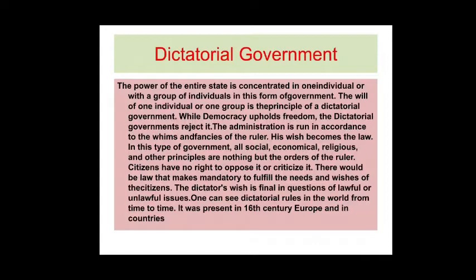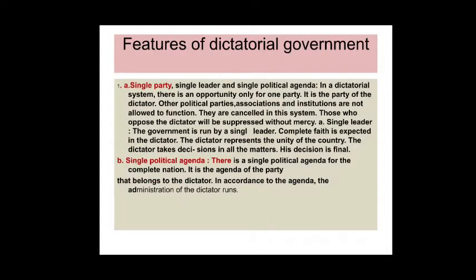In this type of government, all social, economic, religious and other principles are nothing but the order of the ruler. Citizens have no right to oppose it or criticize it. No one rules in a dictatorial government. Individual citizens cannot question anyone in the administration.